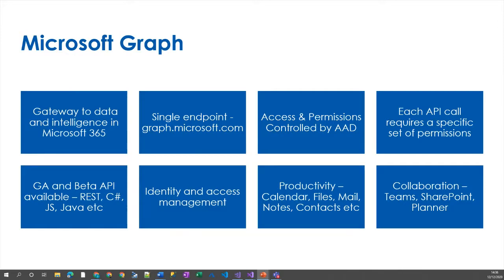And there's actually two APIs. There's the one that's generally available, so it's production ready, and then there's a beta one. It comes as native REST, but then there are some language-specific ones, so C#, JavaScript, Java, Objective C, and I think maybe some others. But we're looking at the C# one today, and that uses two different NuGet packages.